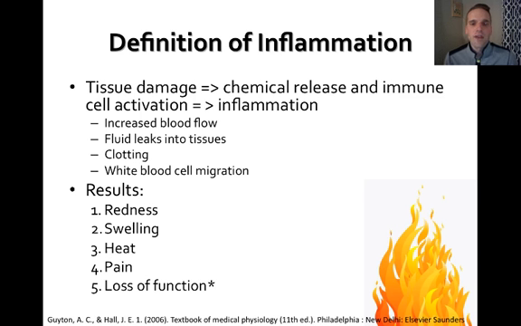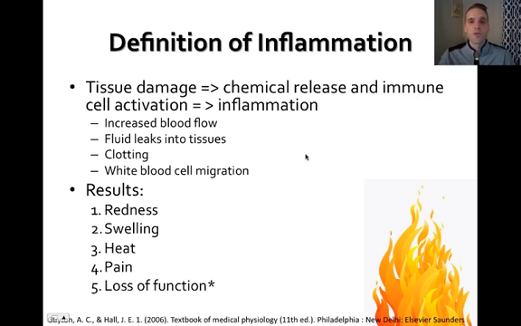The big picture view is that when we have any sort of tissue damage, we're going to have a chemical release and immune cell activation, which is going to lead to the process of inflammation. In the first video we talked about the cardinal signs of inflammation. You see the results down here at the bottom: redness, swelling, heat, loss of pain, and loss of function.